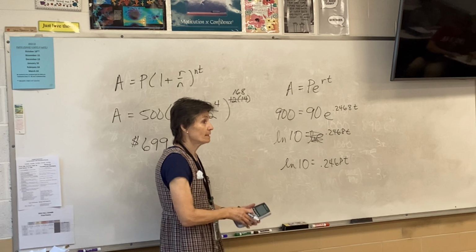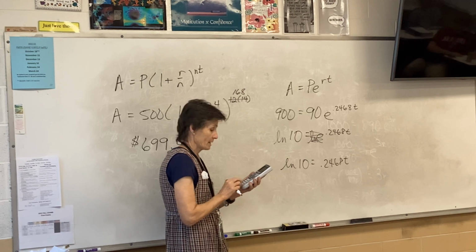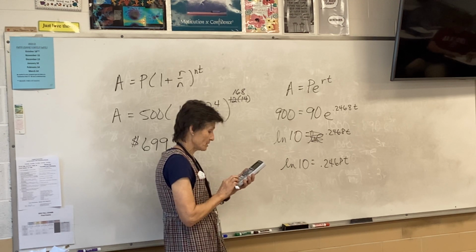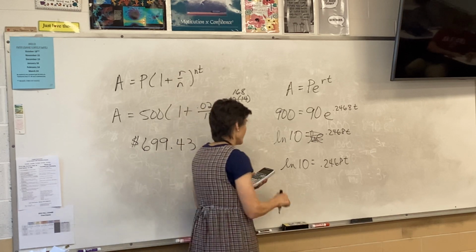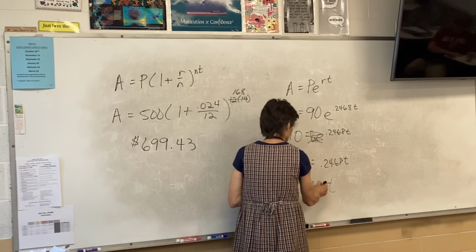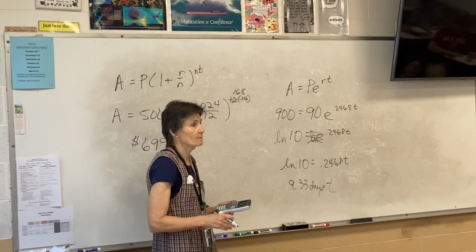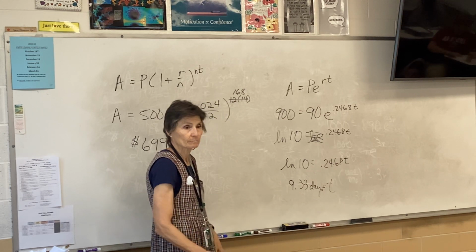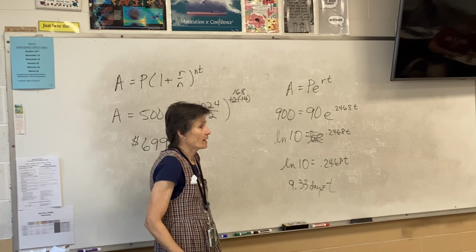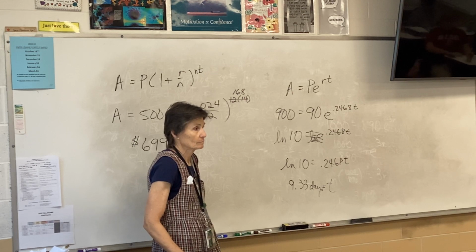So how will we get t? Take ln 10, close the parentheses, and divide it by 0.2468. 9.32. How many days is it gonna take? About 9.33 days? I'm randomly rounding, I'll have to give you some directions. Everybody okay with that one? Everybody got it? Alright, let's turn it over.